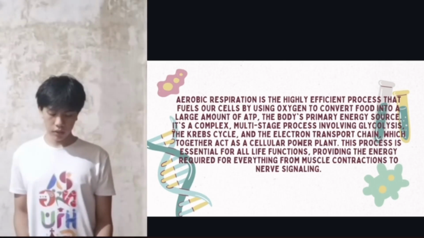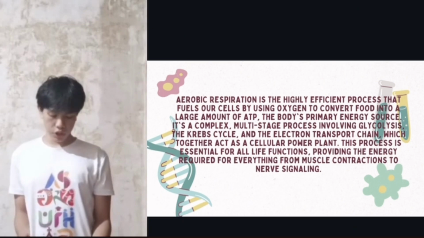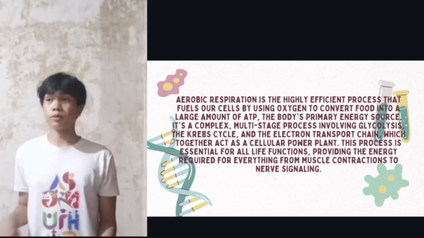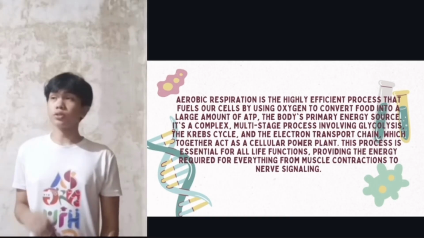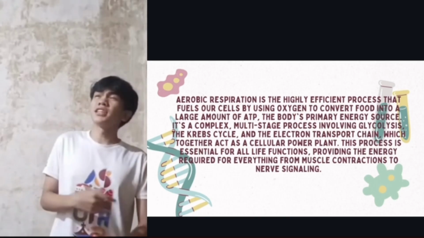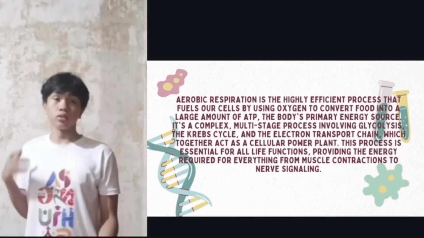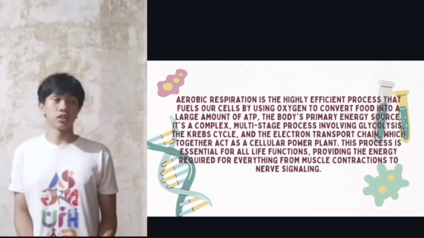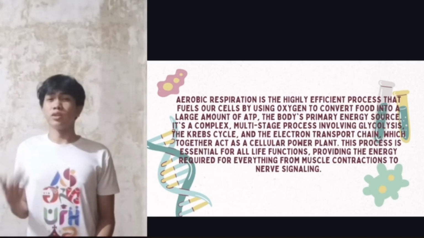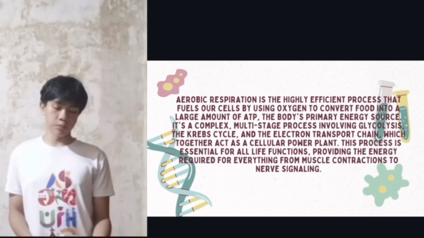The Krebs cycle is a series of chemical reactions that take place in the mitochondria, or the powerhouse. This is like an extender, or this gives more energy from the broken down glucose molecules.